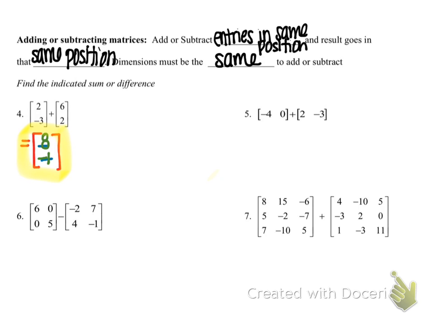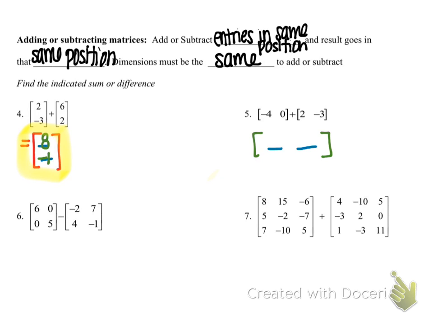Okay, so if we look at number 5, what are the dimensions of number 5? Well, they both look like a 1 by 2, so I know my answer is also going to have to be a 1 by 2. And just to remind myself that I'm going to have 2 places to fill in, I can put little filler lines there if you're someone who forgets how many numbers you're going to have.